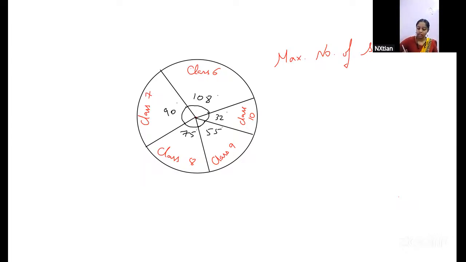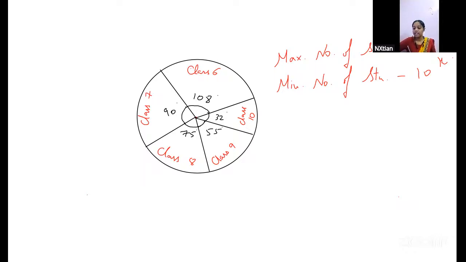Now second question. Which class has the minimum number of students, or the least number of students? Anaya, class 10. Class 10, very good. 10th class has the least number of students.